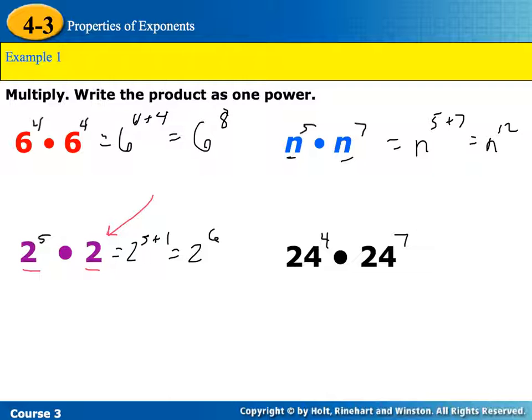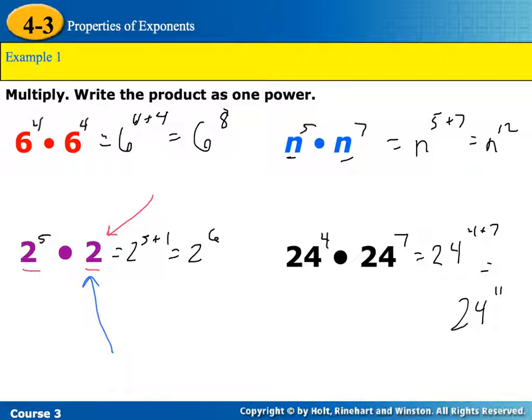Remember, any number to the 0 power is what? 1. So 2 cannot be to the 0 power. It has to have a power, and that power is going to be 1. Next, 24 to the 4th times 24 to the 7th. You keep your base of 24, and then you take 4 plus 7. And you're done, which is 24 to the 11th.